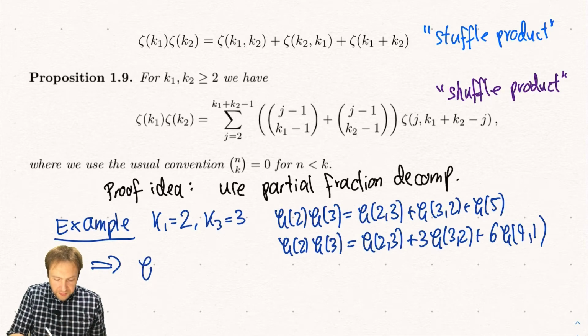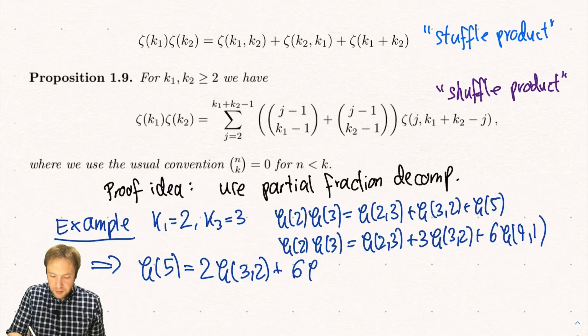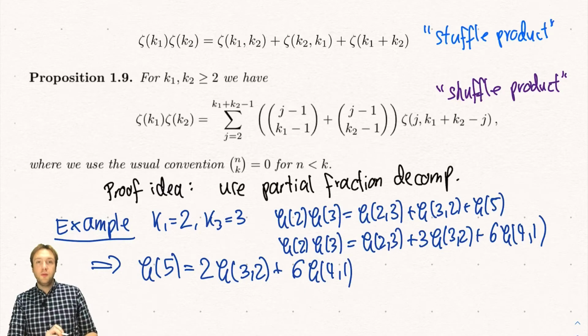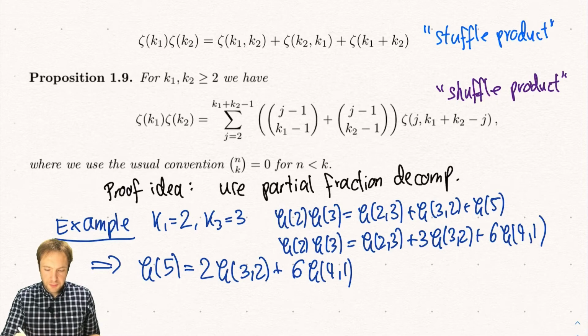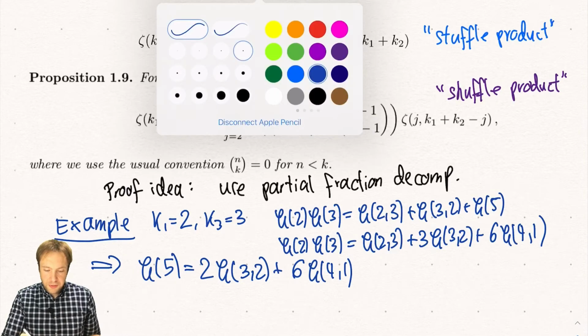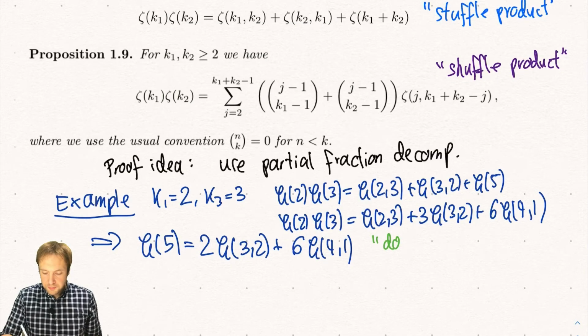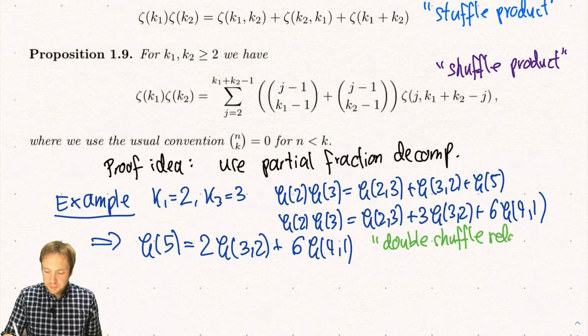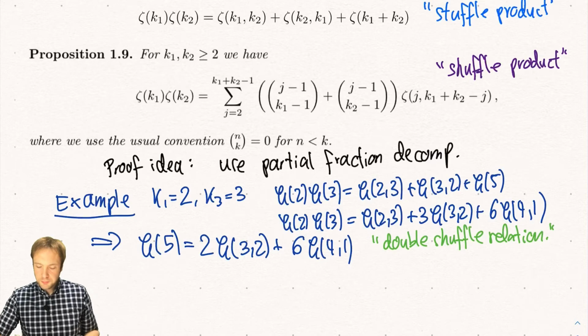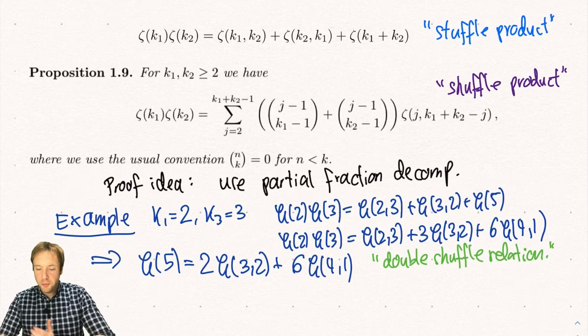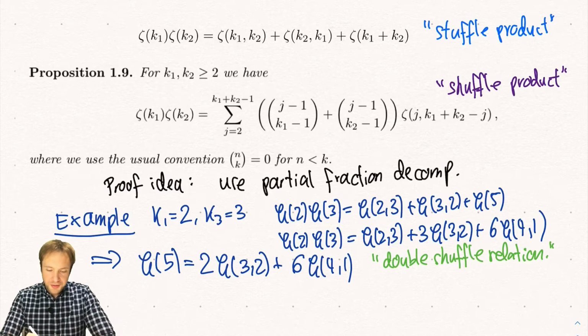In this case, we get that zeta 5 is 2 times zeta 3 2 plus 6 times zeta 4 1. And this type of relation is called a double shuffle relation, because it comes from comparing the stuffle product and the shuffle product.